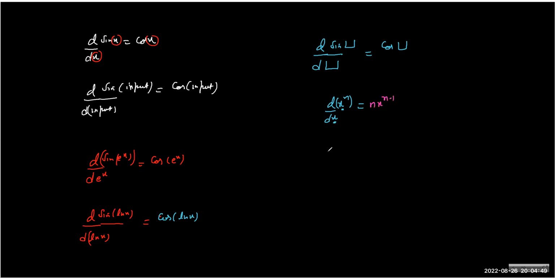So d by d dabba of dabba power 5 will be how much? Five box 4. Excellent. So don't read differentiation as an x. X is like a container or some sort of placeholder, we call it. So when we study it as an operator, it means we think d by dx is some sort of machine in which you put something, it spits out something new.